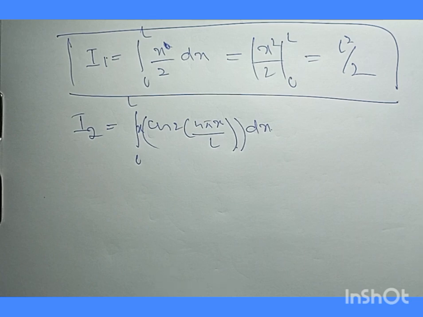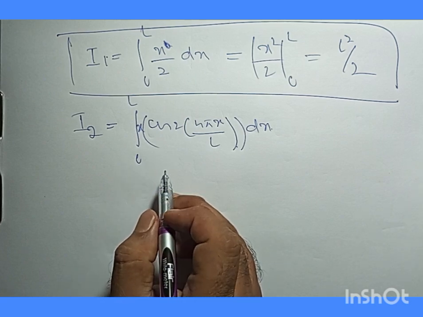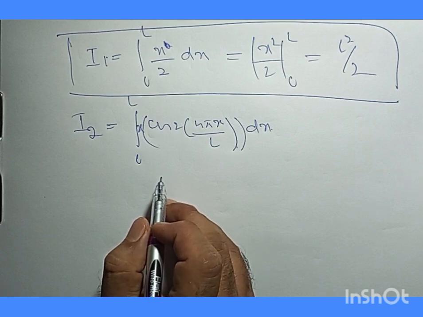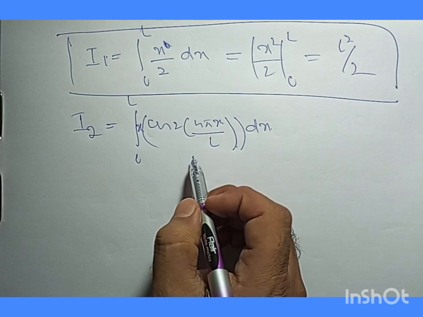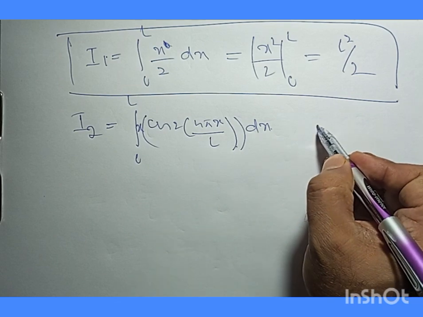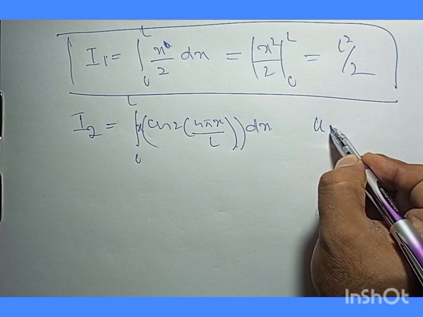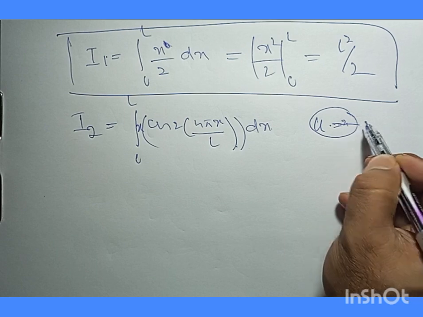So here we will certainly have to use integration by parts, and for that we will choose our functions. If I choose u equals x, I don't think there's a need to go like this.